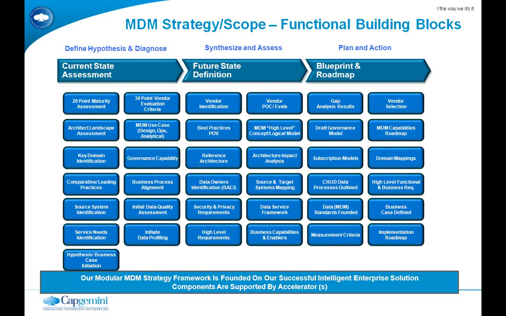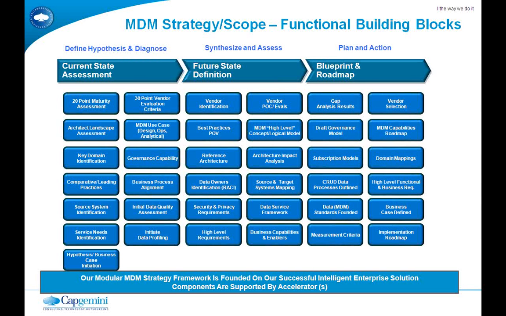Depending on the organization and the scope, it could be 6 to 8 weeks, or it could be a 3 to 4 month process of doing a current state assessment, then defining future state, what does good look like, and then building a roadmap or a blueprint to getting there via master data management, data governance, and other things. All of these boxes are processes and steps we're going to go through to determine each of these pieces: the current state, the future state, and then drawing out the roadmap.